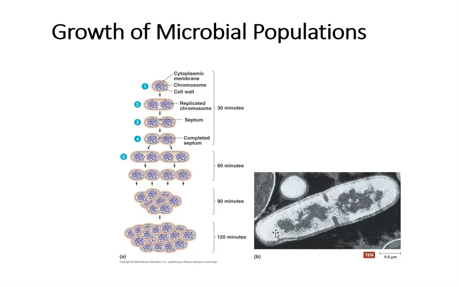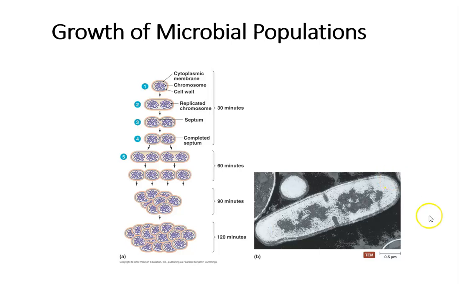how does this grow? Okay, we're talking about growth. So we said each colony is basically the same parent. So we divide by binary fission. In about 20, 30 minutes, you will get 2 bacteria.